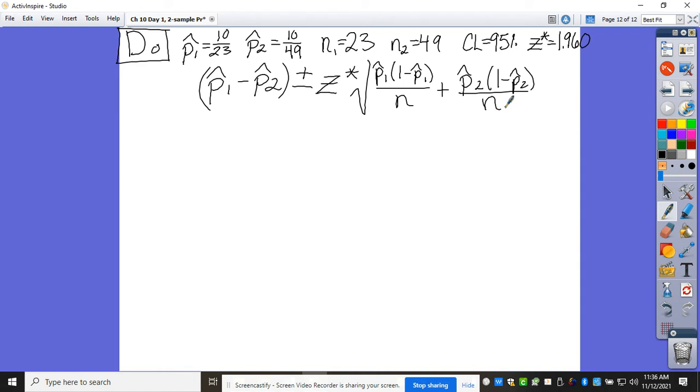Am I missing anything? This should be in N1 and N2. Probably what you told me.